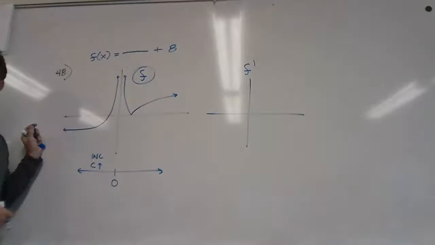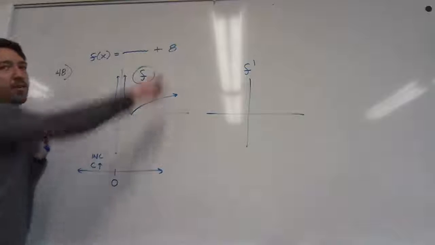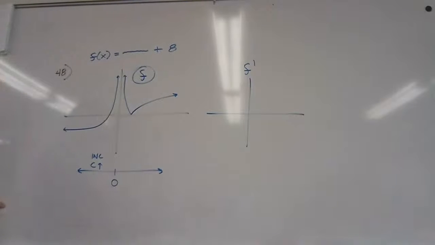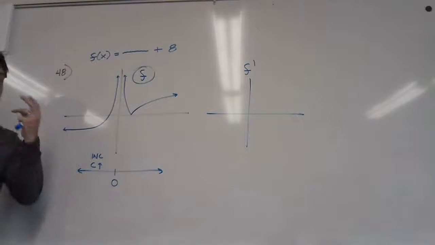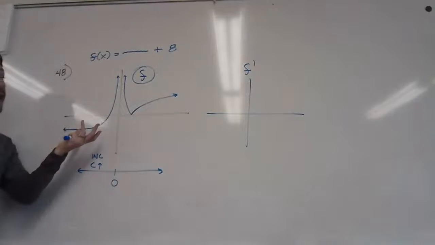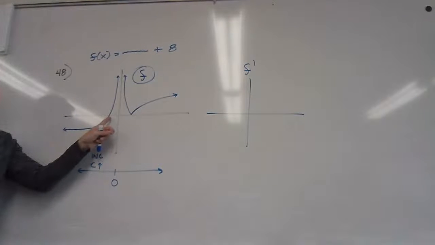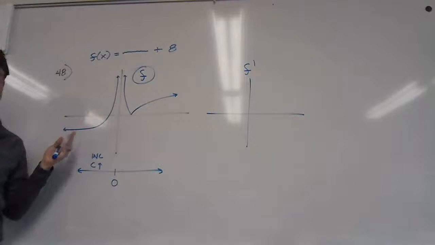I shifted the whole thing up 8 units. Would that affect the derivative? No, because that constant would go to 0 when I take the derivative. That's a very not obvious fact about derivatives: things like zeros on the f graph don't affect the derivative graph in any way, shape, or form.